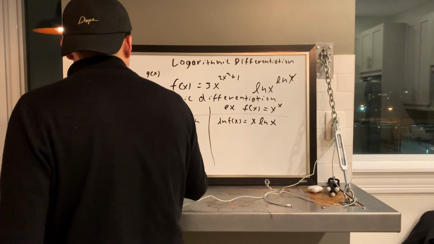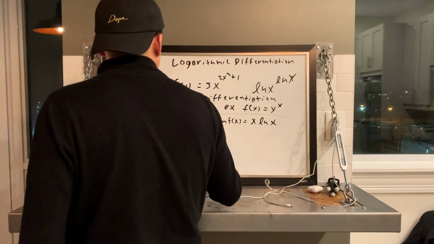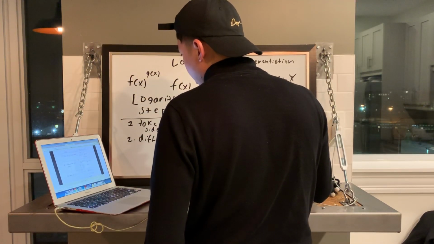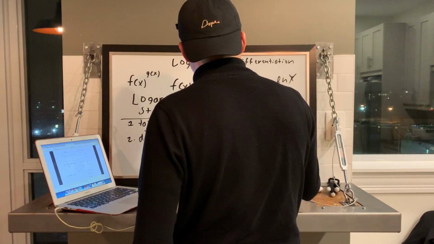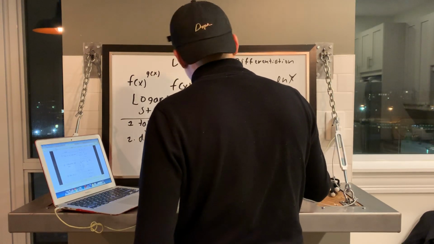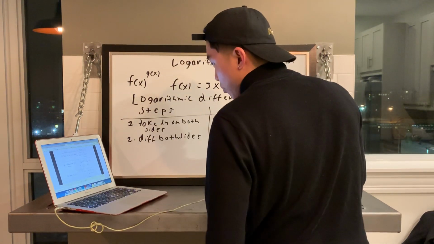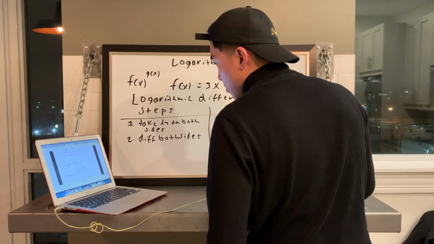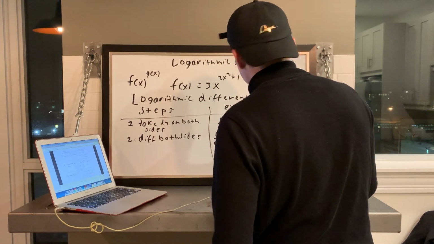And two is differentiate both sides. So you have d/dx of ln of f of x equals, go to this side, which is a product rule, which is ln x plus 1.